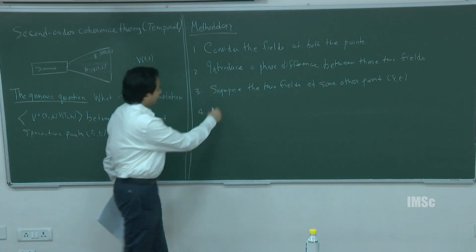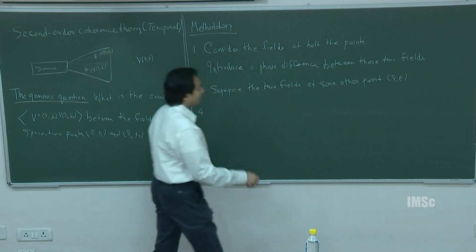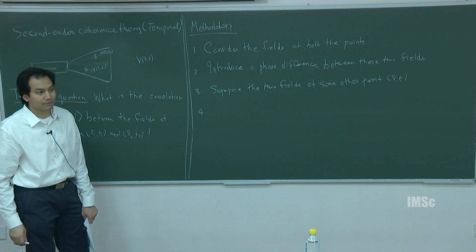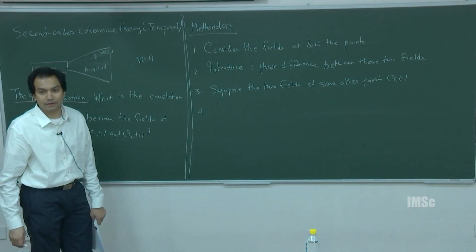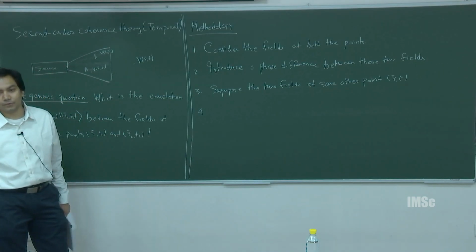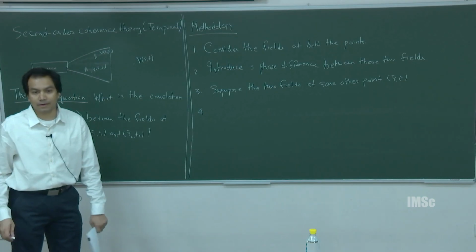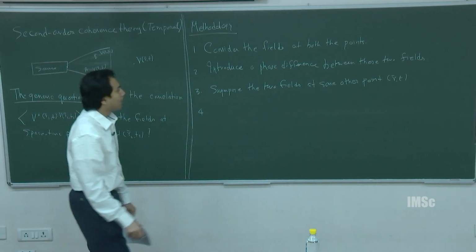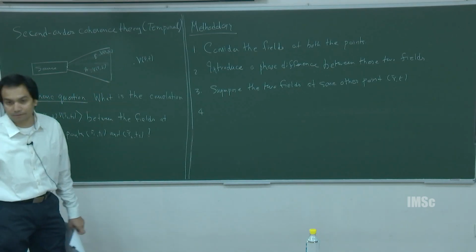Now the third point will be familiar to you because this is very similar to what you would have seen in Young's double slit experiment. You basically take the fields from two slits and you measure them at different points on the screen. So we take the two fields and superpose them at some other point RT.